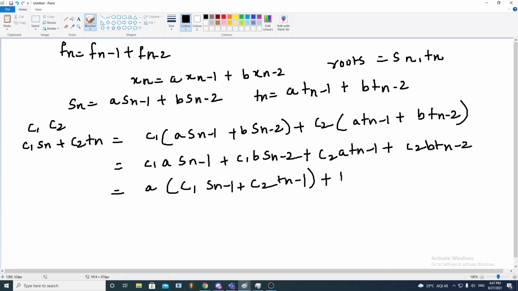Plus, we bring the b terms together, so we have b times c1 s of n minus 2 plus c2 t of n minus 2.